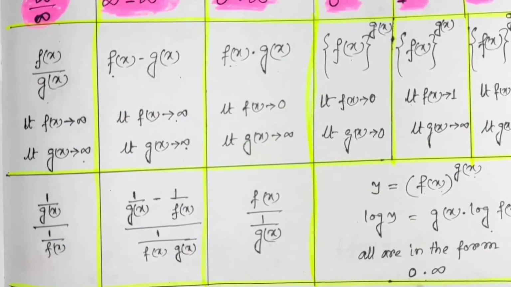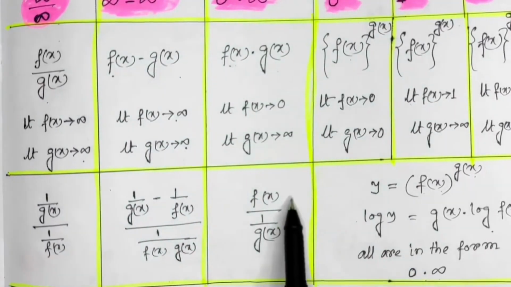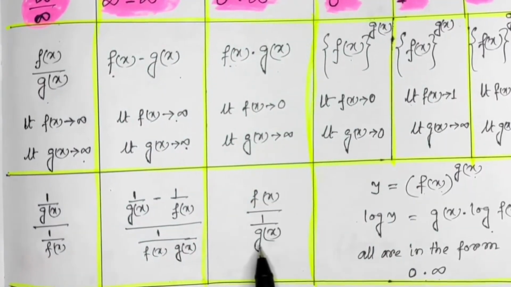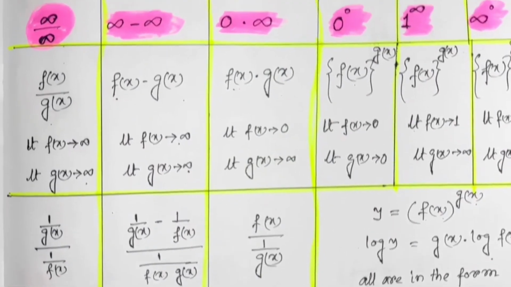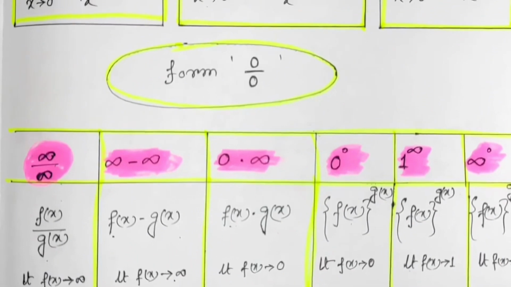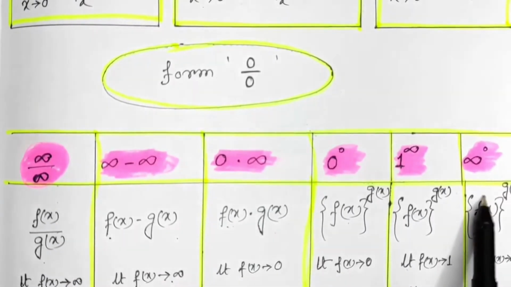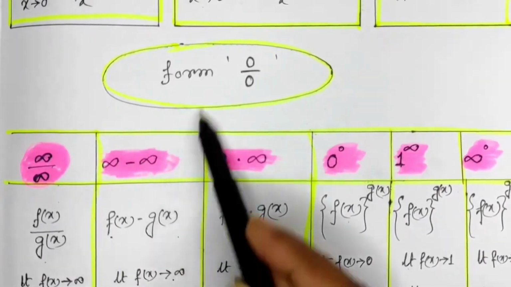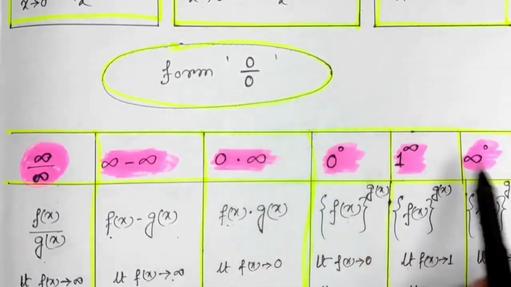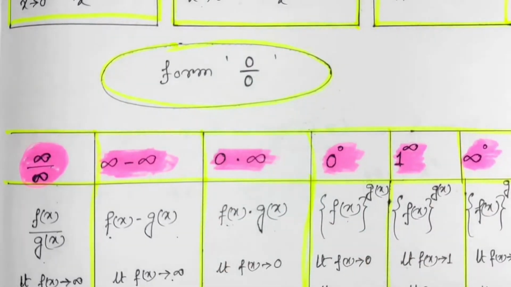Once you get the 0 into infinity, then if we apply this transformation, we shall find it is in the 0 by 0 format. So ultimately, whatever the different forms are, all are converging towards the form of 0 by 0. So if we know how to find the value for the indeterminate form 0 by 0, we can solve any other indeterminate forms.